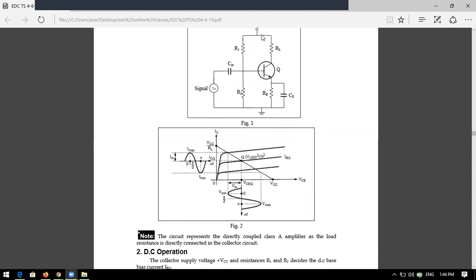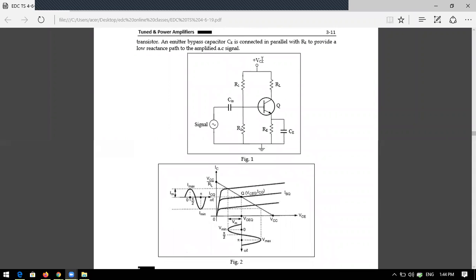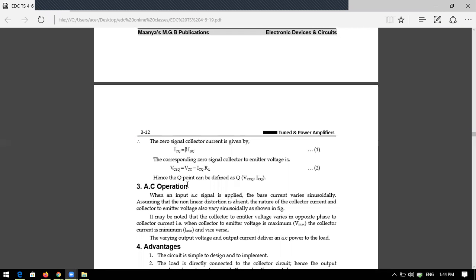VCEQ equals VCC minus ICQ times RL. Hence the Q point is defined as VCEQ comma ICQ. The Q point, our operating point, is the coordinates VCE, IC.